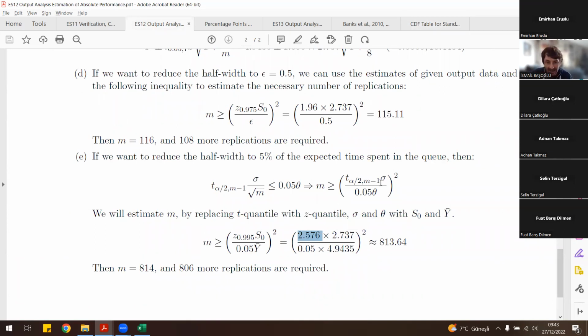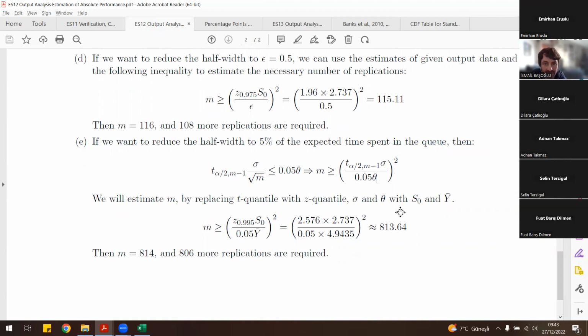Now, another danger here is what? I really do not know the theoretical standard deviation across replications and the expected waiting time. So what I can do for these values is simply replace them with the statistical estimates that I collected from my first 8 replications.